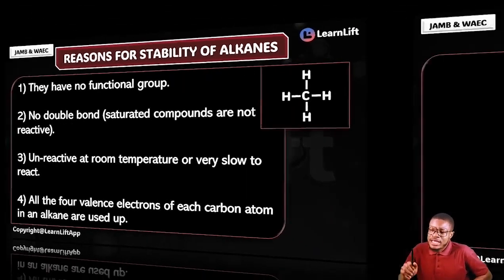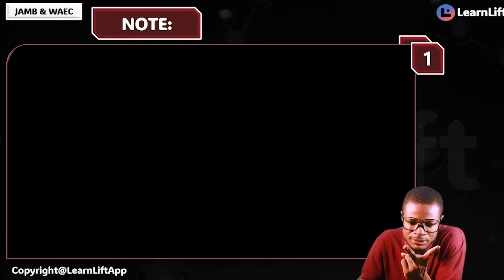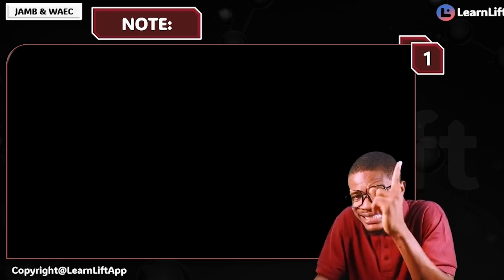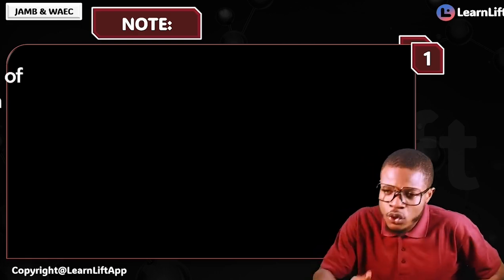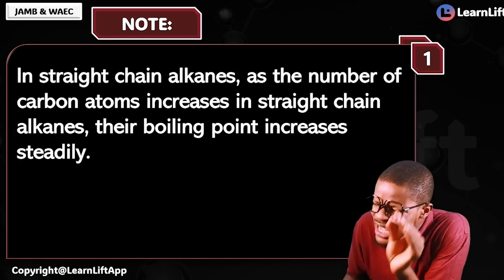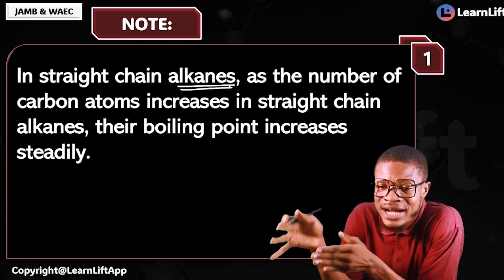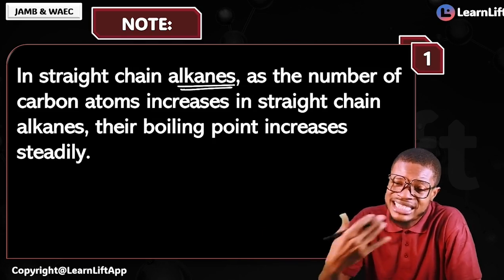That's the reason why they are very stable. If you get that very quickly with me, I beg you to note 2 things with me. Just 2. All of these 2 things are exam questions. The first thing you should hold tight is this. In straight chain alkanes, it is possible that an alkane is straight chain or branching. In your straight chain alkanes, there's nothing like branching there.